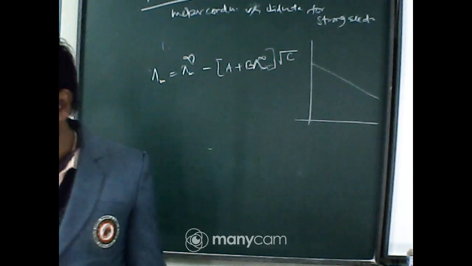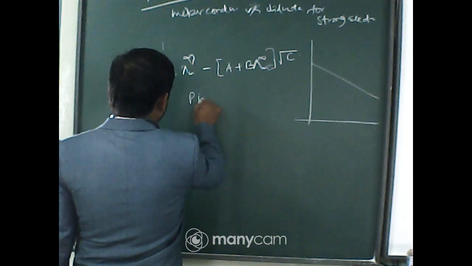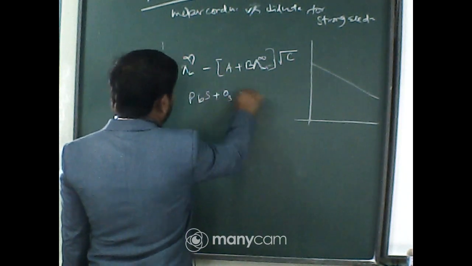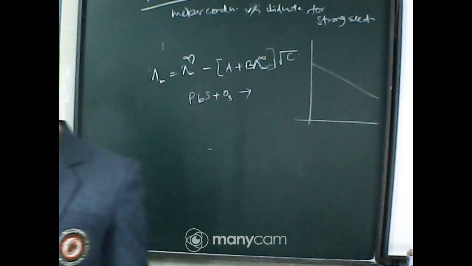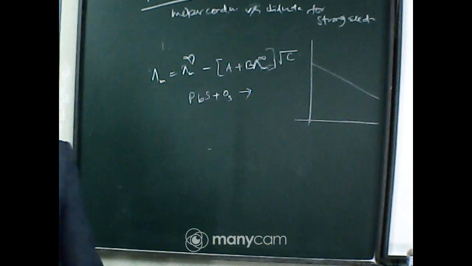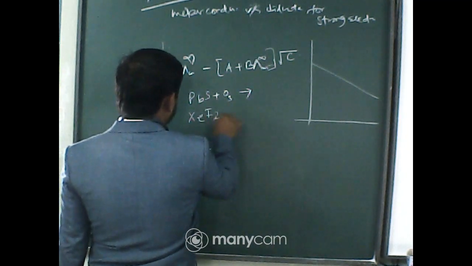Complete the equation: PbS plus O3, lead sulfide plus O3. What is the product? And the second, HCF6 plus NaF. The second one is very important.